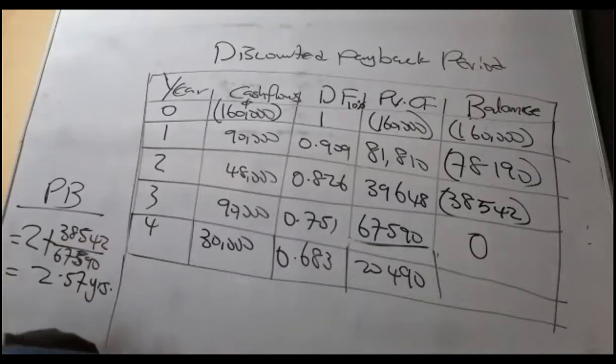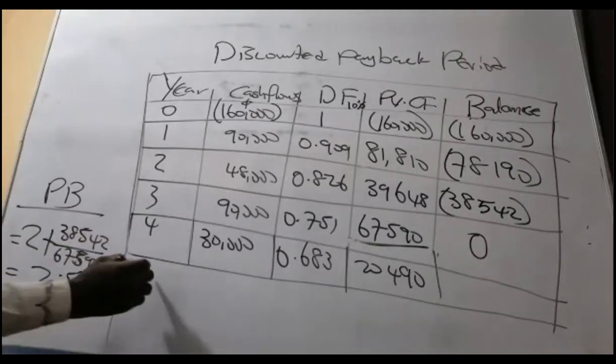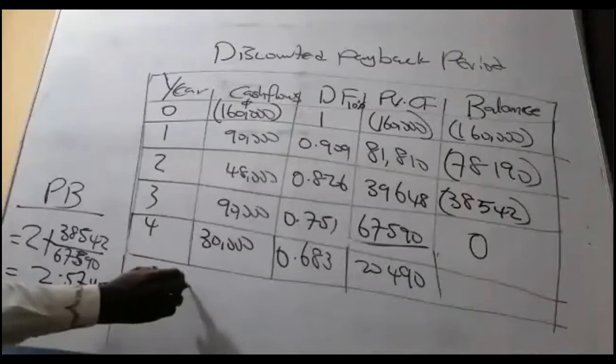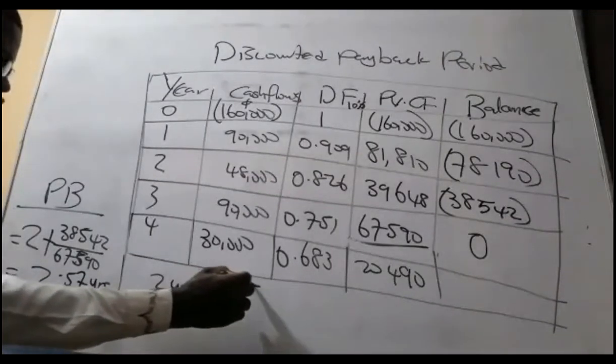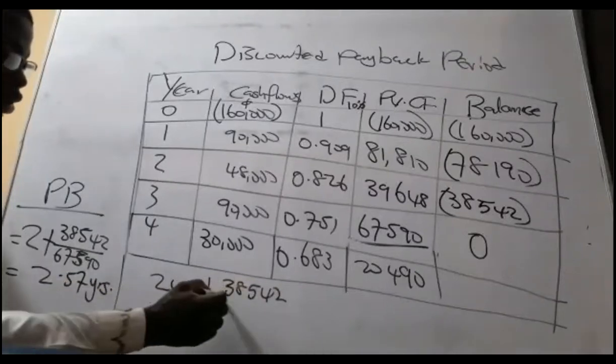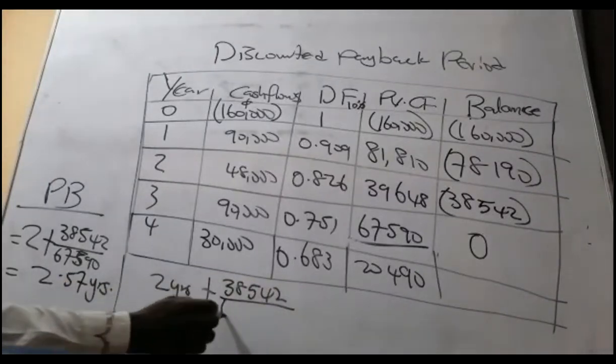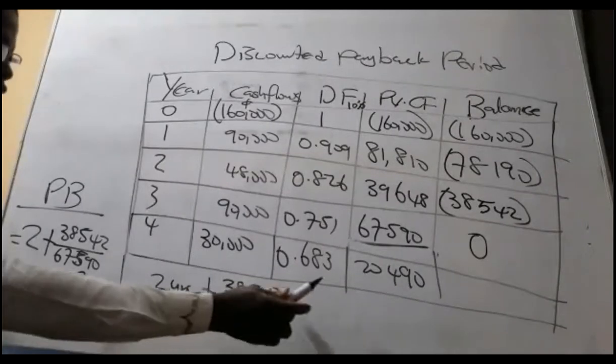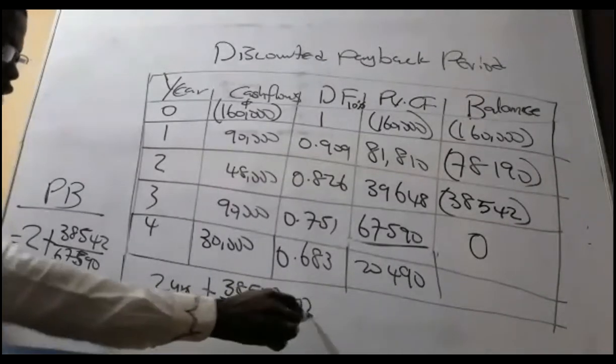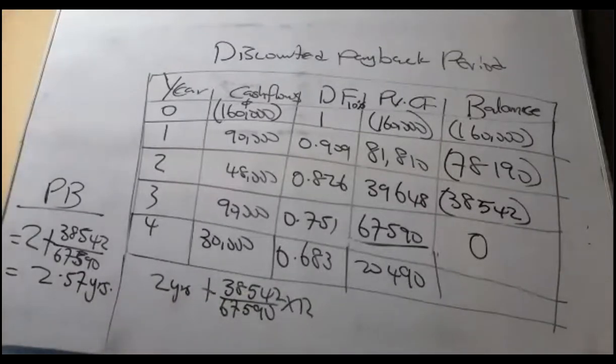So second approach, years and months. It will be 2 full years plus 38,542 all divided by 67,590 times what? 12. So some in years, some in months.